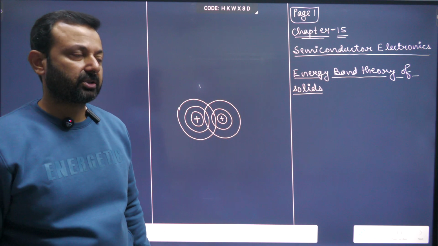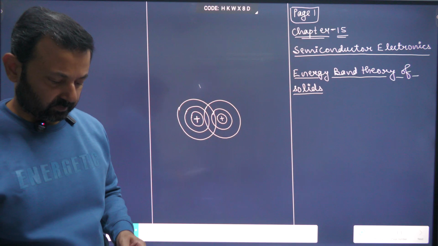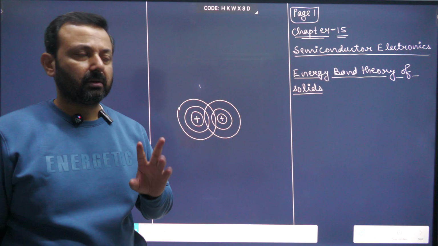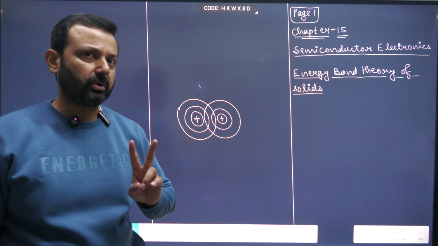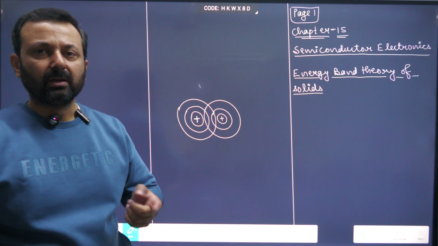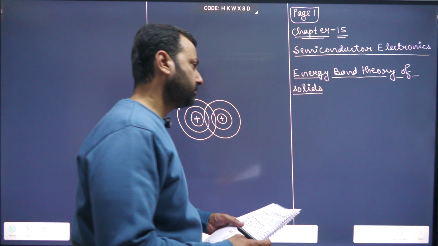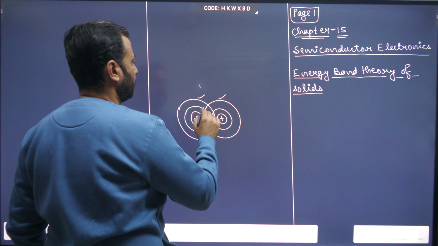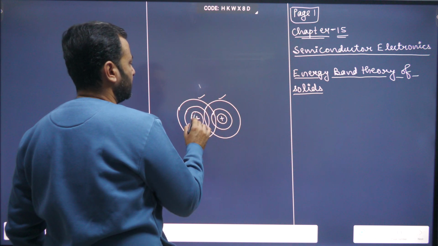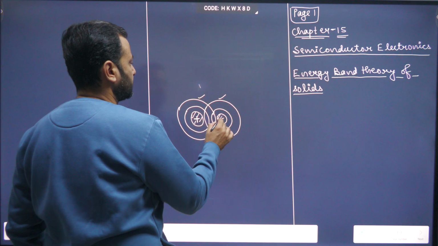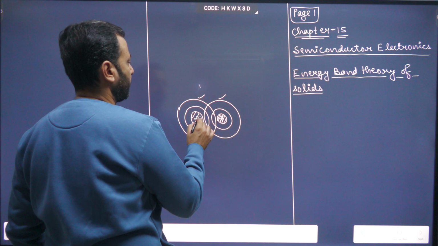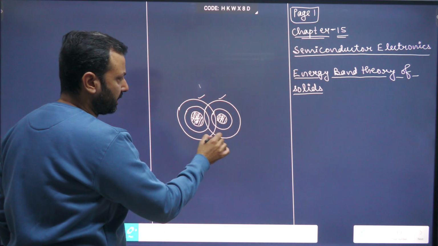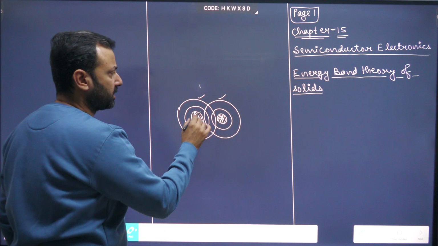When we talk about energy band theory, there are two types of bands. One is called the conduction band and one is called the valence band. In this case, this is the nucleus, and the outermost shell is the second shell, and in this other atom the outermost shell is also the second shell.